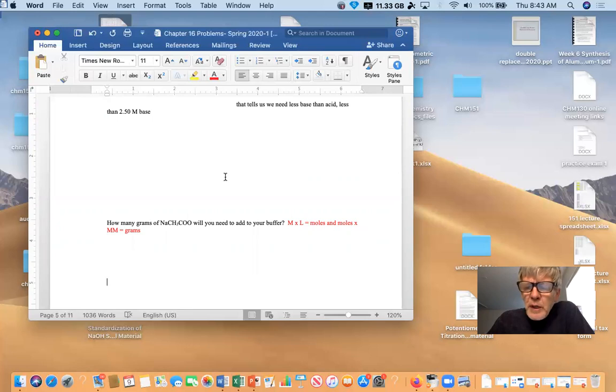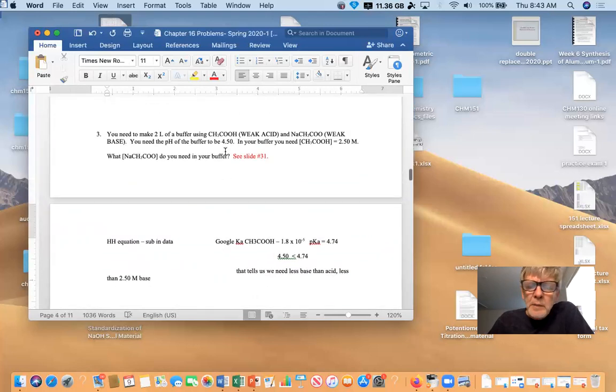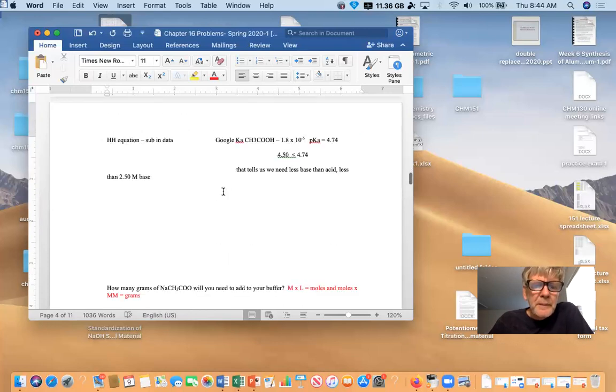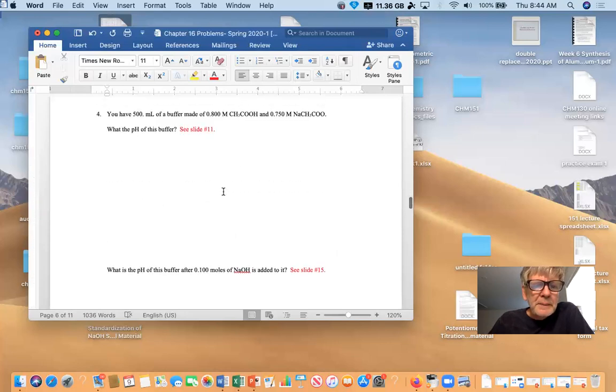And then with one of our pH meters, I'd have you measure the pH of your buffer and see how well it came out to being what we wanted it to be initially. Okay? And typically, if the pH meters have been calibrated properly, when you carry this out in the laboratory, you come pretty close to your desired pH of 4.5. But we can't do that, unfortunately. Sorry about that.